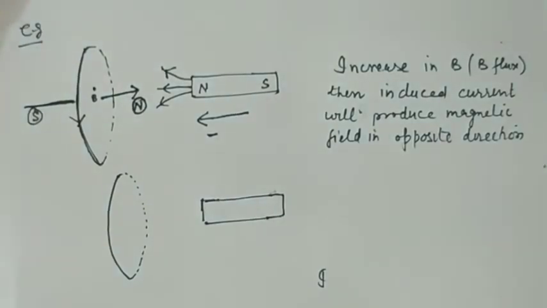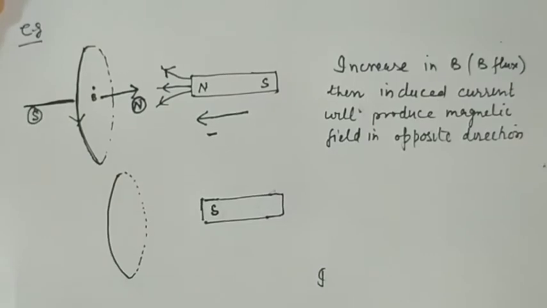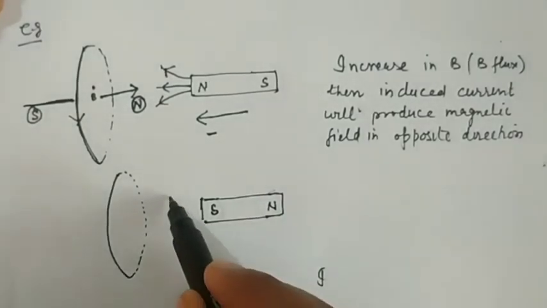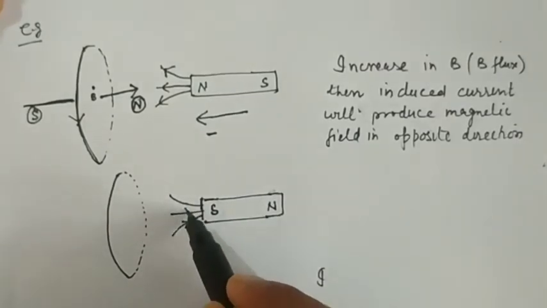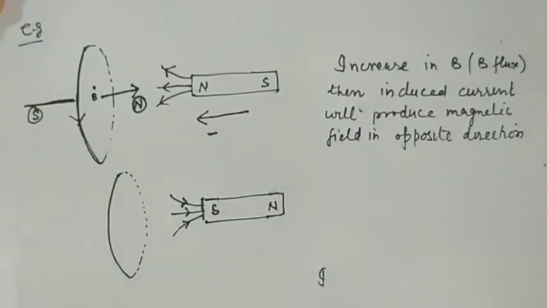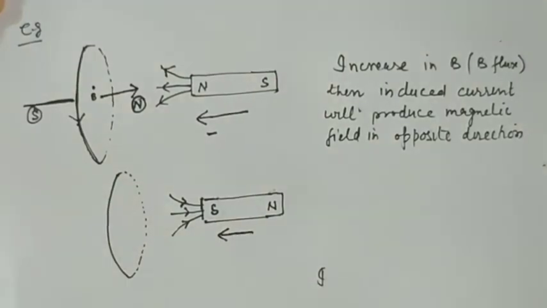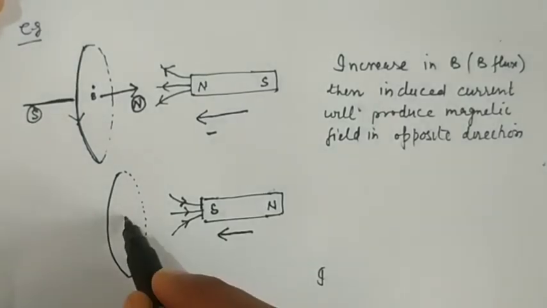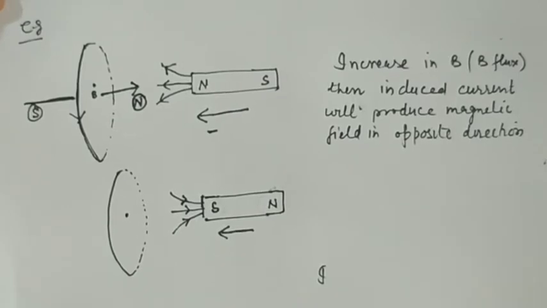Now let us do another example in which the south pole is towards the loop and the north pole is away from the loop. The direction of magnetic field lines for this case is along this direction. Again you push this bar magnet towards this loop, and the magnetic field inside the loop will also increase.